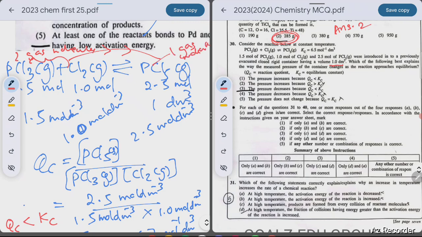So what happens when the reaction occurs in the forward direction? The number of gas molecules decreases, which means the pressure decreases. So the answer is pressure decreases and Qc is less than Kc. Answer is the third one.